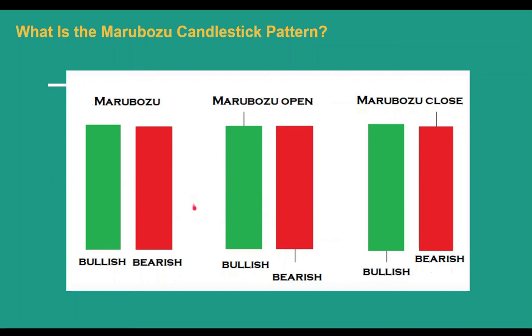The first two sets of Marubozu candles without shadows, you can see there is no shadow here, tell you that the market is trending in one direction with complete dominance. The other two sets of Marubozu have small shadows, as you can see, at the close. So these shadows are at the close of the candle.